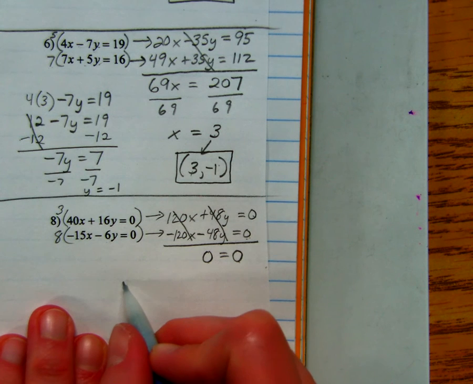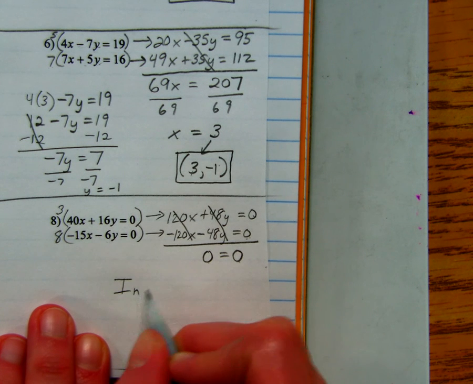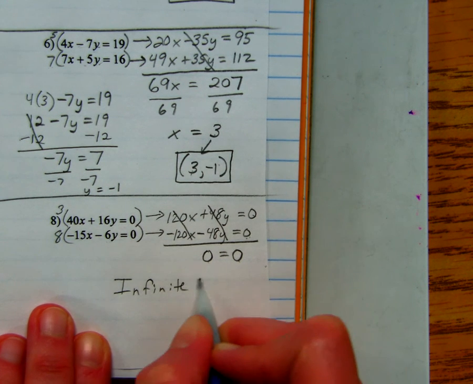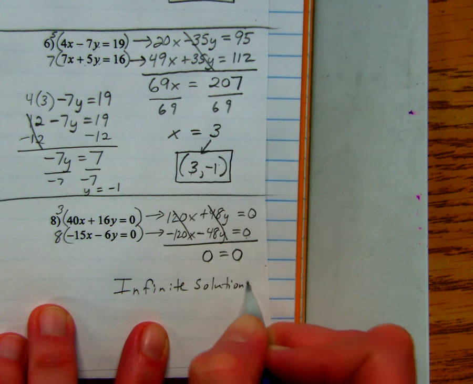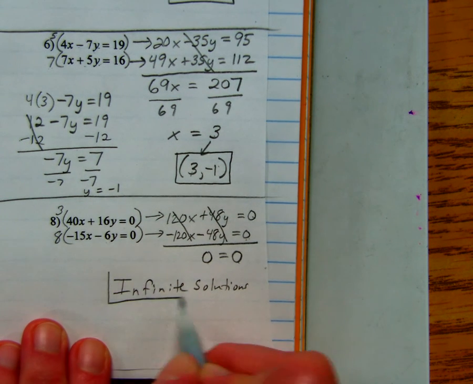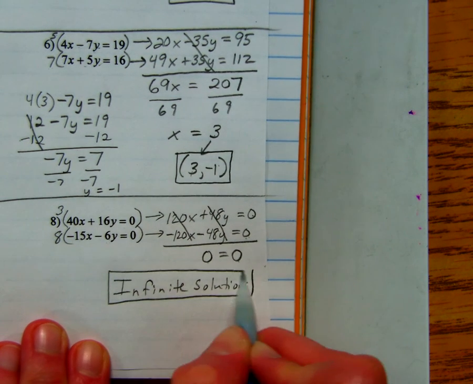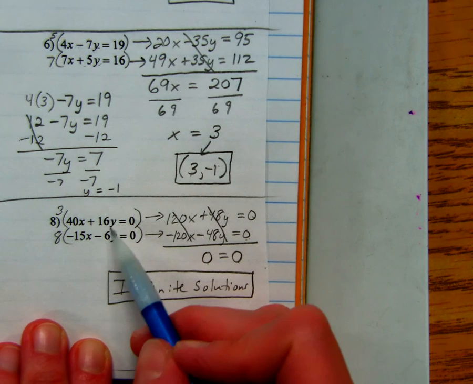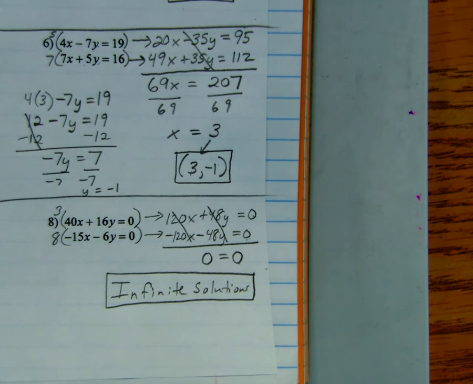It was identical, that's why everything canceled, and that's when you have infinite solutions. And so any point that was on that particular line would be a solution to both of these equations because they're the same equation. Okay, that is it.